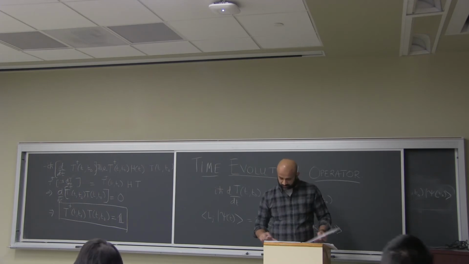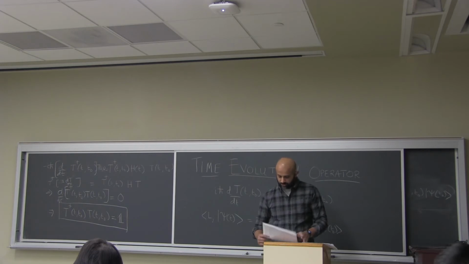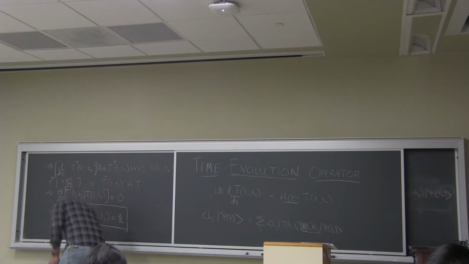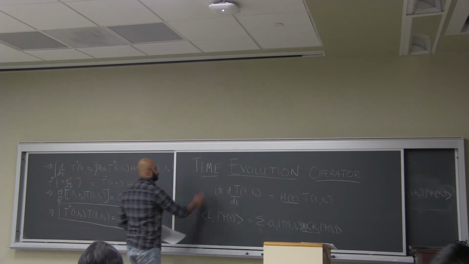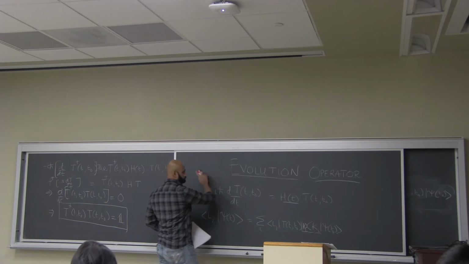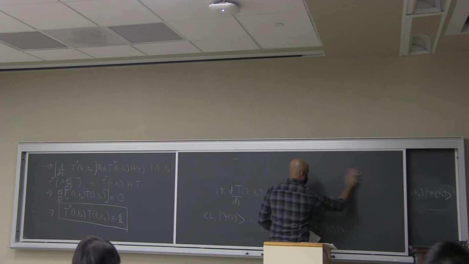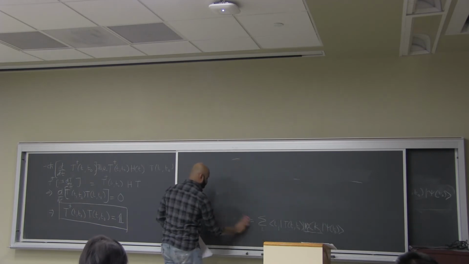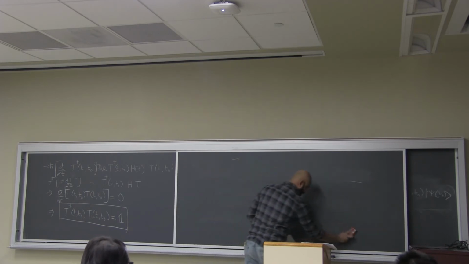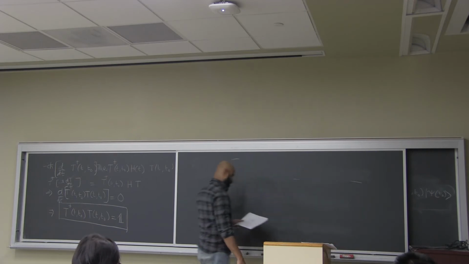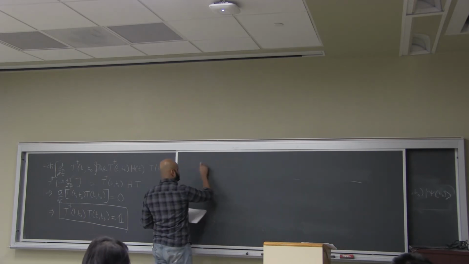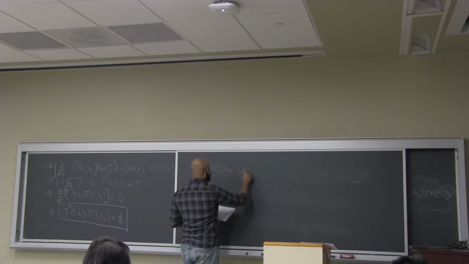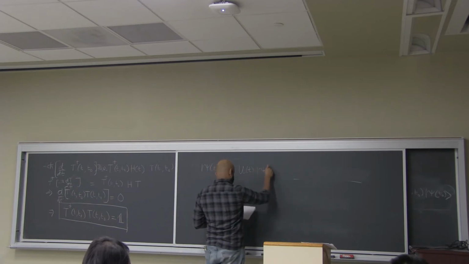So now we can choose some unitary transformation, psi tilde of t is equal to U of t times psi of t, right?